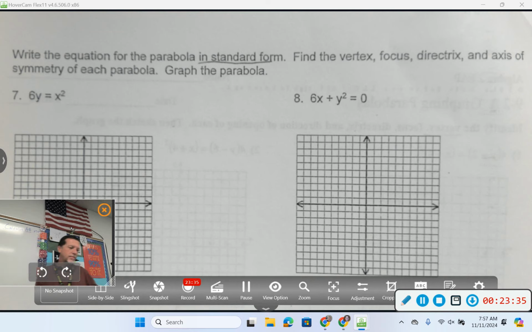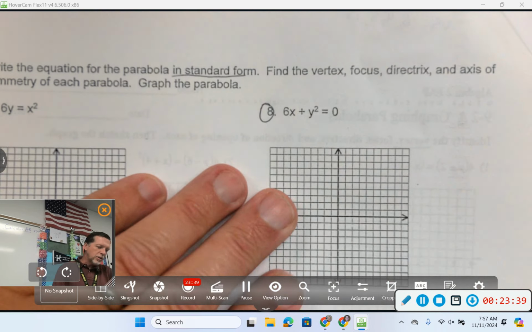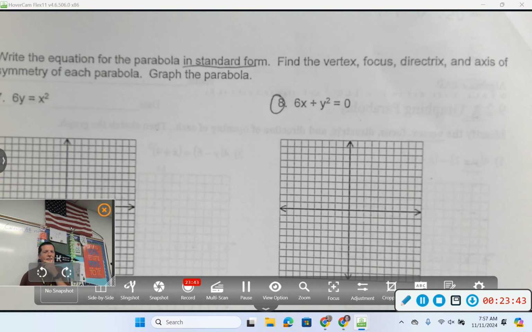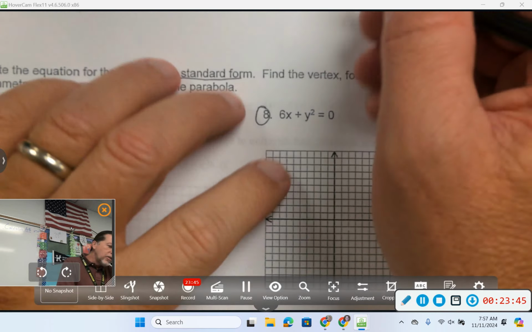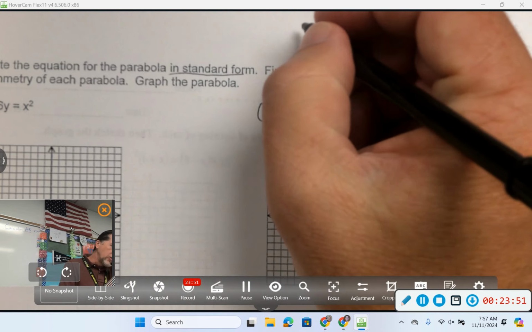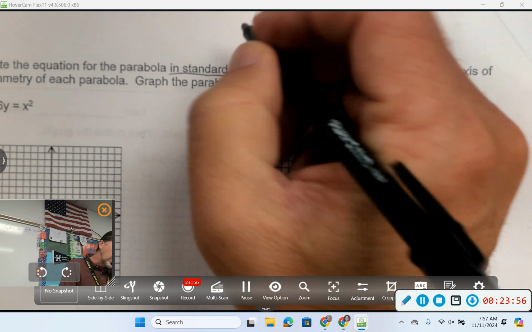Can we change the standard? We're going to do number 8. So what was the question? We should change the standard. So standard form is where you have the squared thing equals the not squared thing, or equals 4p times the not squared thing.